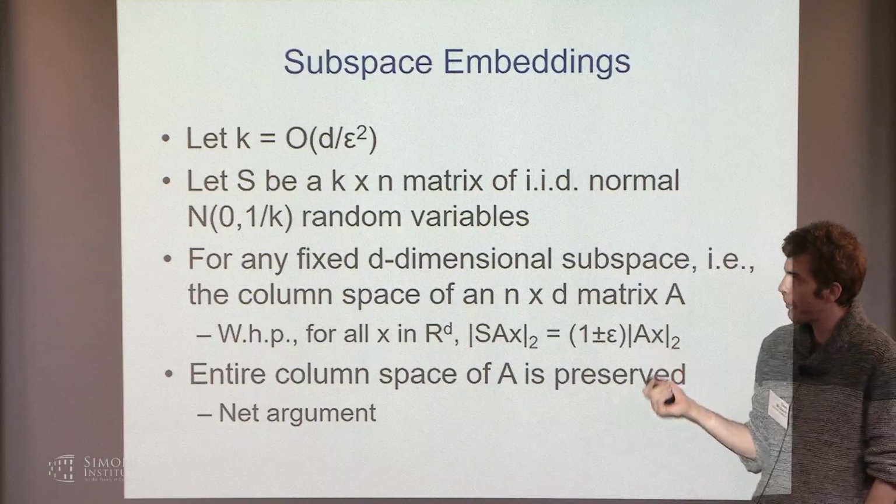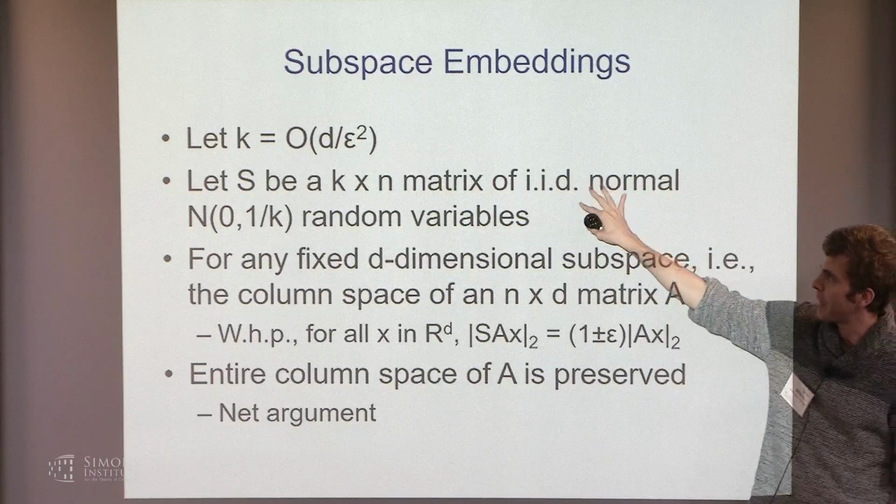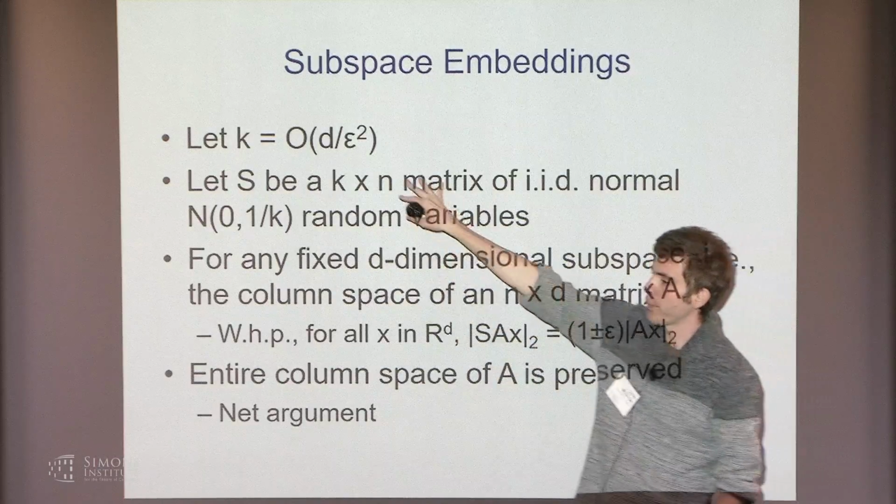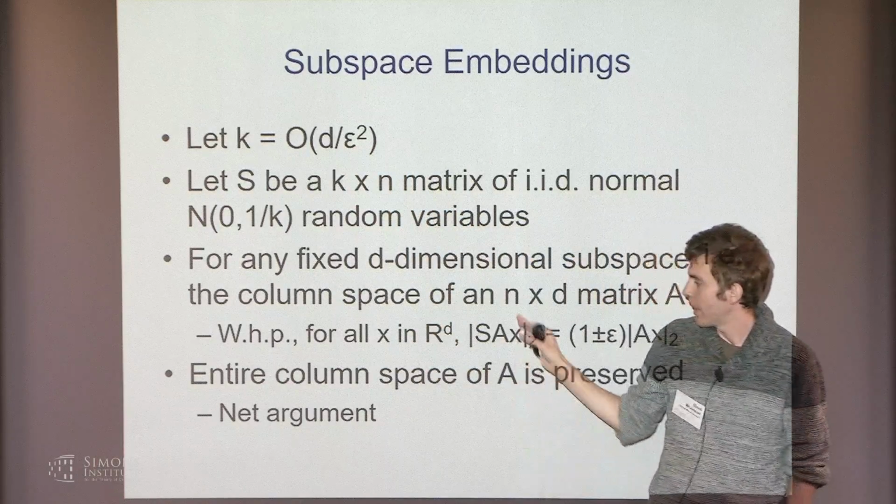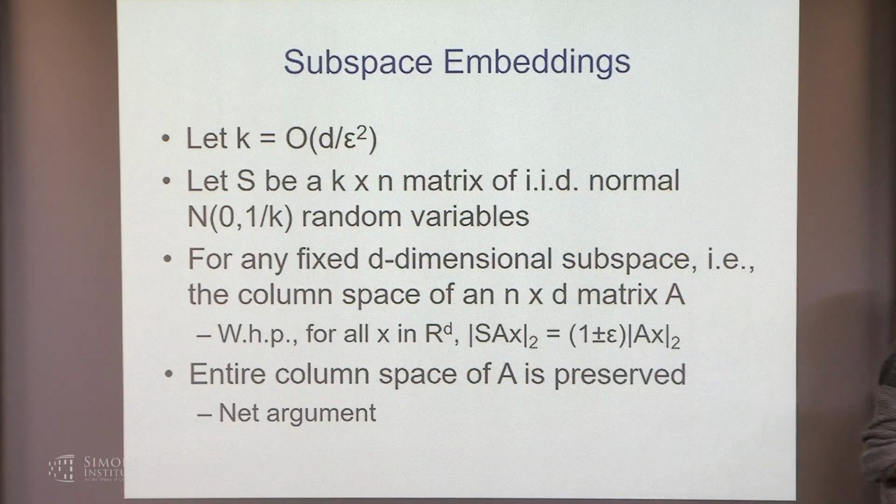Now, what is the proof that a Gaussian matrix, a matrix of IID normal random variables, with this number of rows d over epsilon squared, gives you a subspace embedding? This is via a net argument. I don't have any slides on this, so I'm just going to skip it.